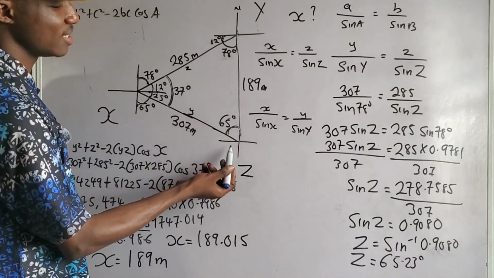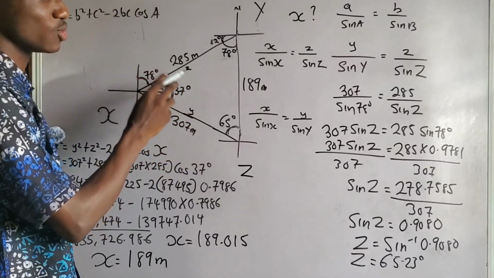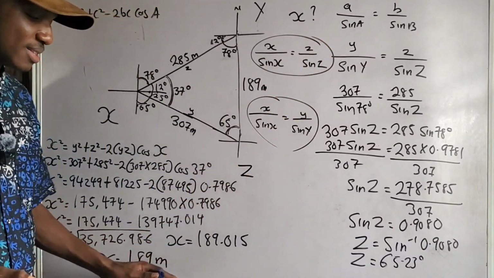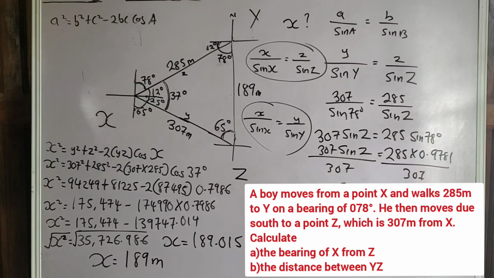We know the angle z as 65 degrees. We also know the side z. So you can use any of this or this. You are still going to arrive at this answer, 189 meter. Do you understand?